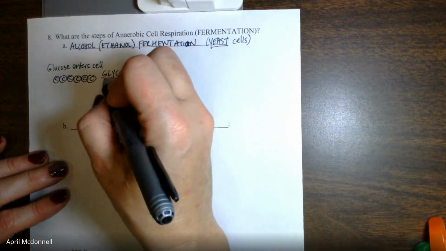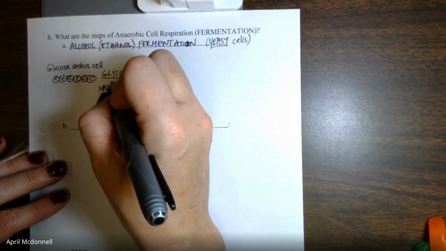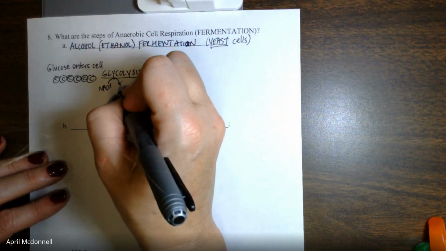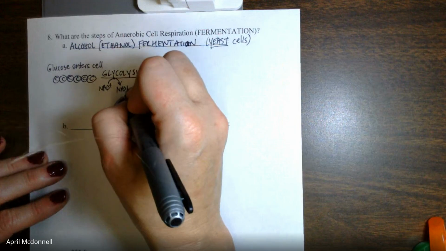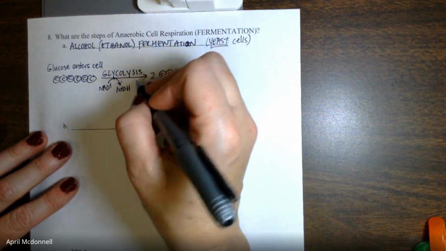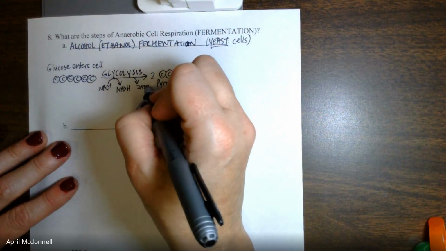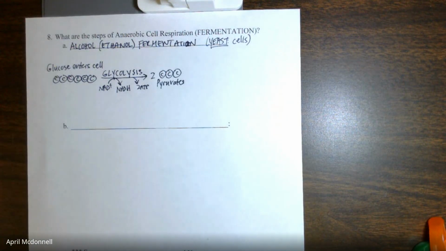During the process of glycolysis, NAD plus picked up an electron and became an energized electron carrier, and 2 ATP molecules were produced during glycolysis. This is a review of what we have already discussed.